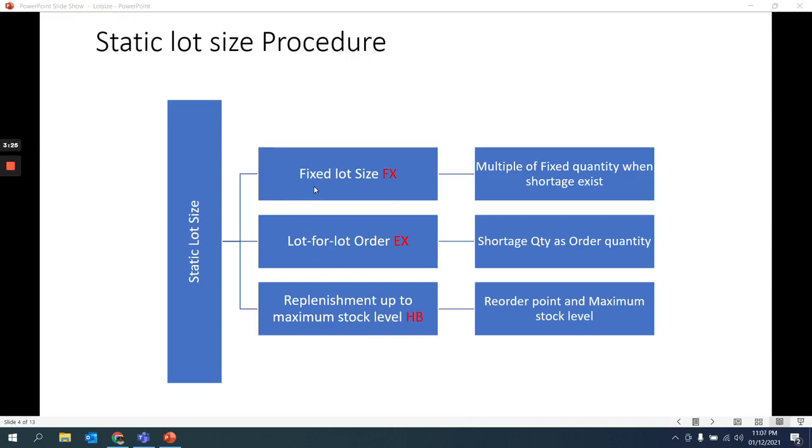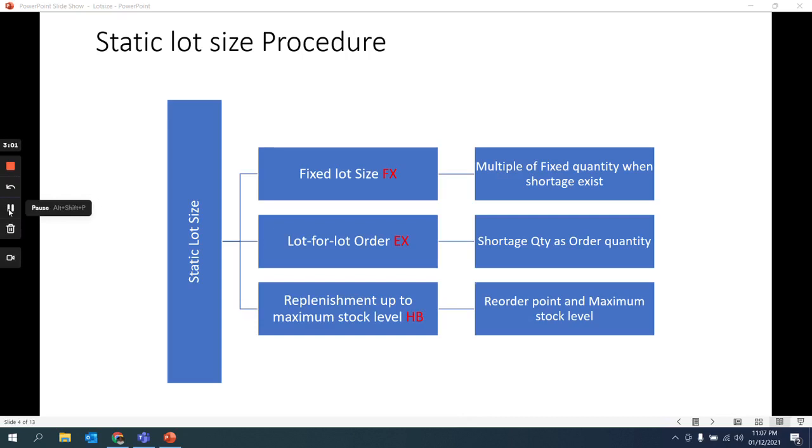Fixed order lot size procedure uses the fixed order quantity in the MRP 1 view, and when the system observes that shortages exist, it uses the fixed quantity to generate the order quantity. It might be a multiple of the fixed quantity maintained in the material master, depending upon the shortage quantity.